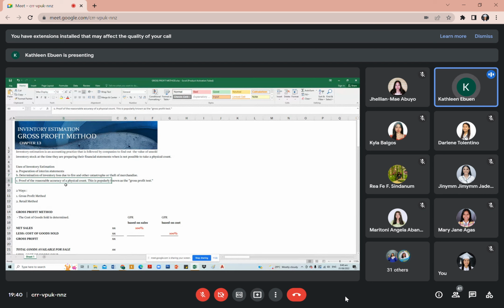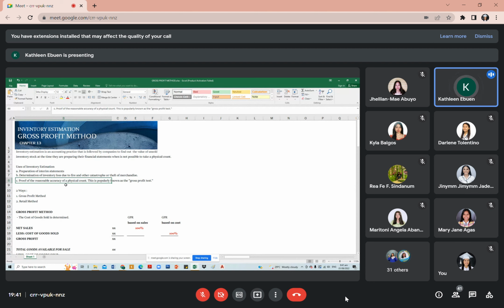And then the last one is the proof of the reasonable accuracy of a physical count. This is popularly known as the gross profit test. No, so ginagamit natin yung inventory estimation class para ma-verify natin kung tama din ba yung actual count ng inventory natin, no?